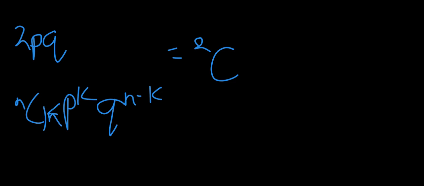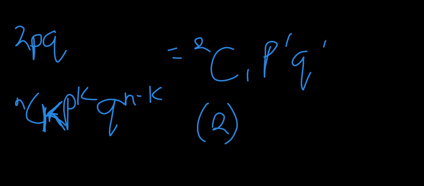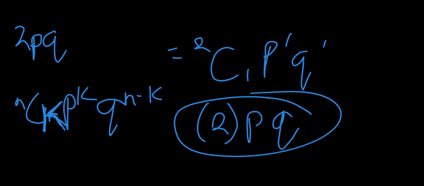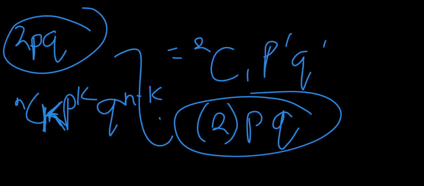Sorry, pardon, this here should be k. So we know that our k in this case is 1, the number of outcomes. So we have p to the power of 1, q to the power of 2 minus 1, which is 1. We know that 2 combination 1 is 2. p to the power of 1 is p, q to the power of 1 is q. So we know that this is the same as this.